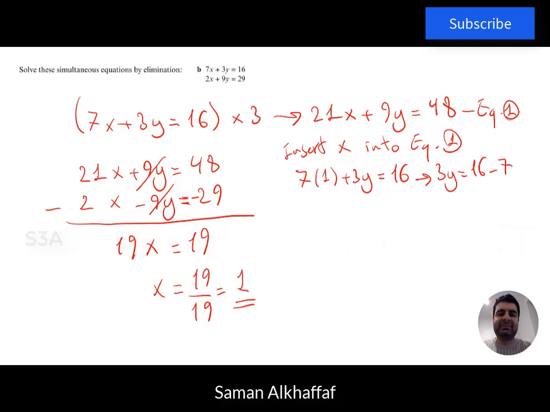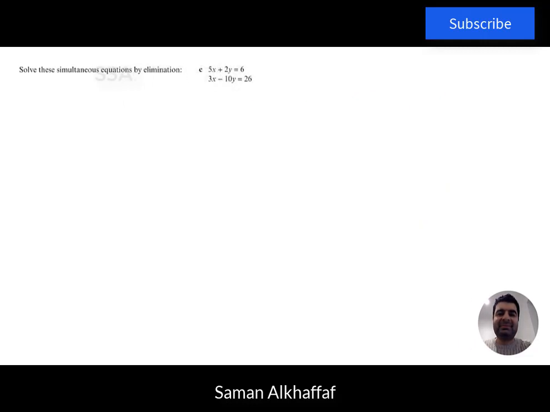And then we would have 3y equals 9, and we would have y equals 9 over 3, which would give us 3 as the final answer for y. We can also do the same if we sub the x into the second equation, and we should get the same value.